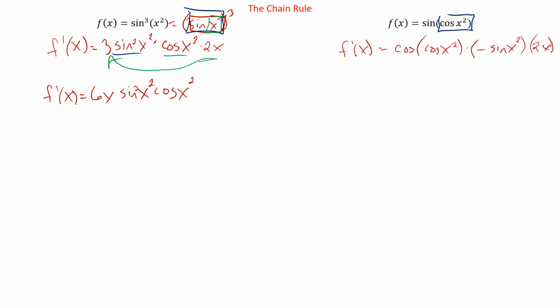So we could take that negative and 2x, move it to the front. Negative 2x, then we have cosine of x squared times sine of x squared. And that would be the derivative of that one.